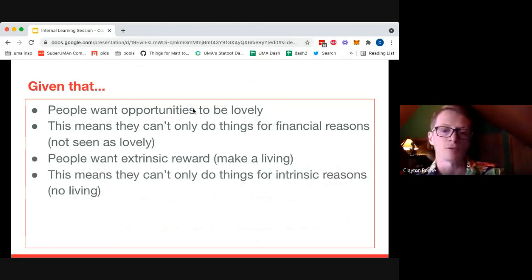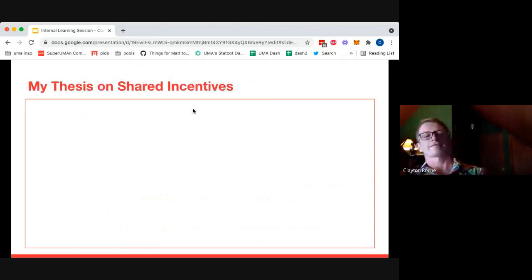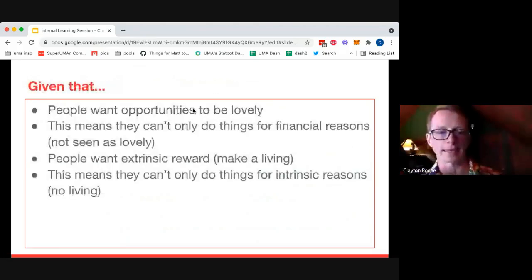This means they can't only do things for intrinsic reasons. So John can't merely be a Halo forum moderator forever and full-time. Maybe nowadays with esports, you can do that sort of thing. I don't know, but your average person maybe can't rely on that. I'm not sure. Okay, so given these four things, keep these things in mind.